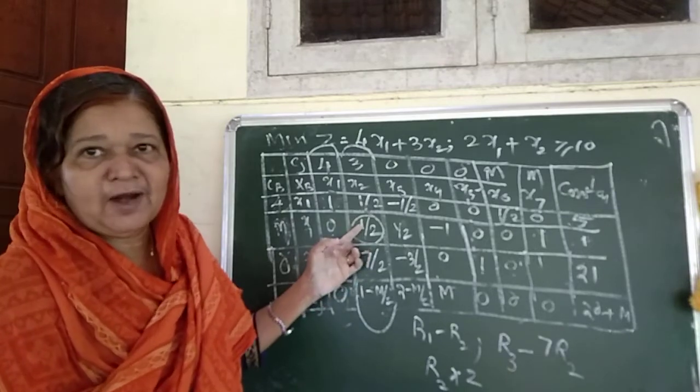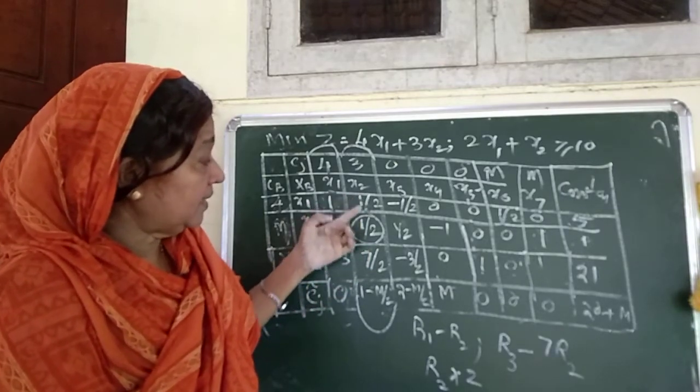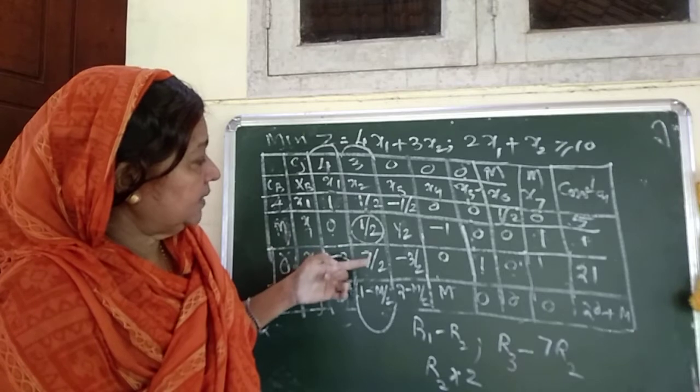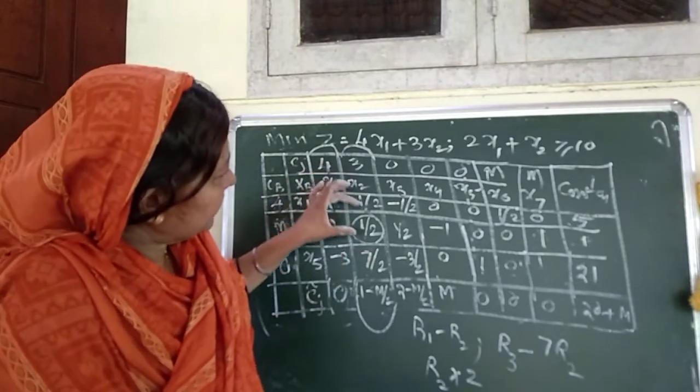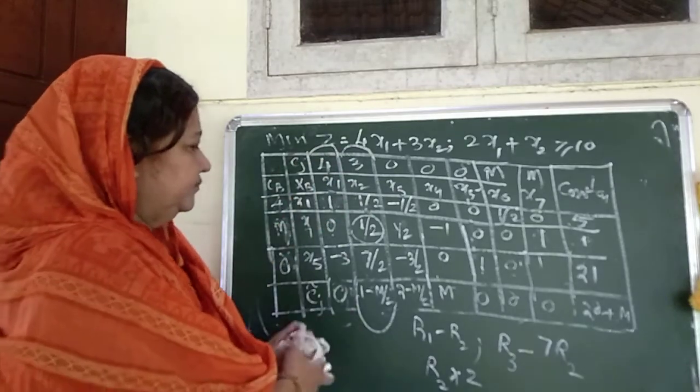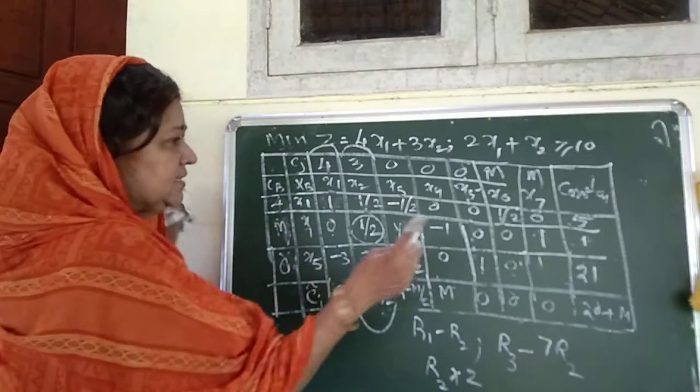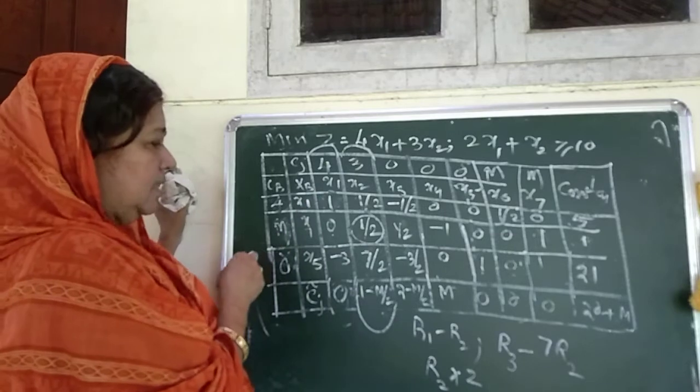R2 into 2 gives 1. R1 minus R2 gives 0. Then R3 minus 7 R2 gives 0. So we have to make this as 1, 0, 0.